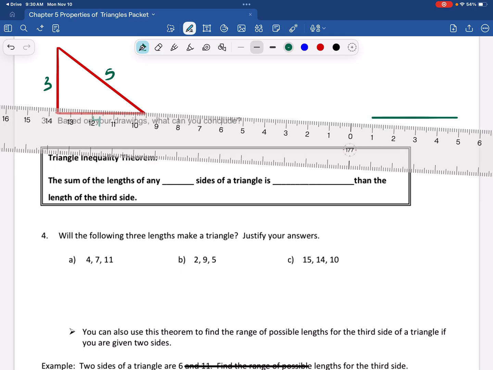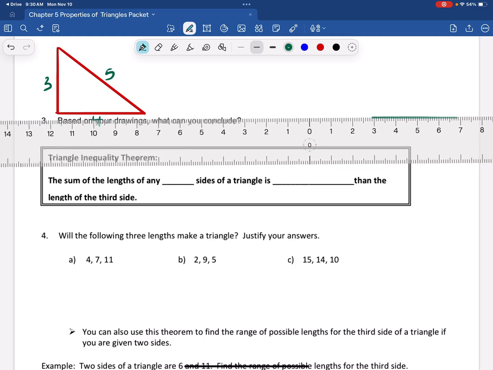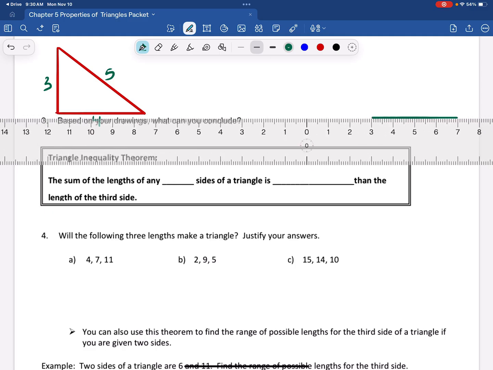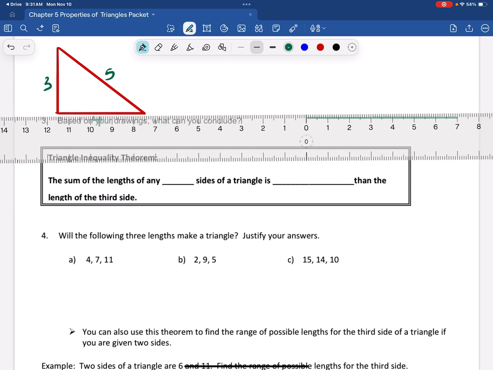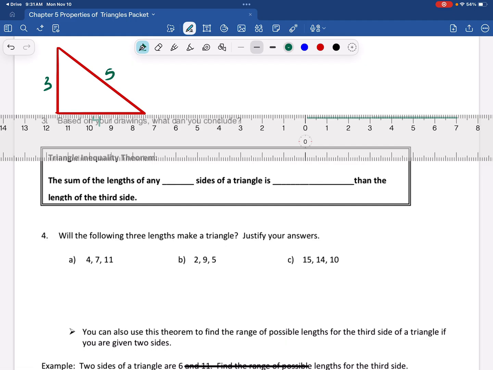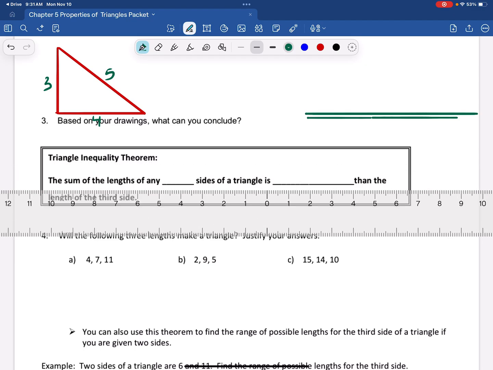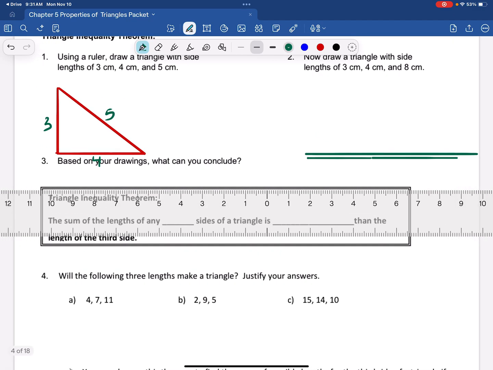Then I'm going to make my 3, and there we go. And then I'm going to make my 8. Oh, but look, it's too long. So I can't make a triangle with the 3, right? Because here was the 3, and here was the 4, and here was the 8. So I can't make one.